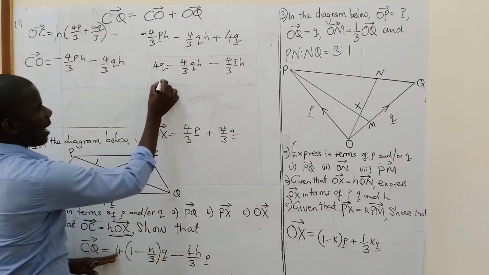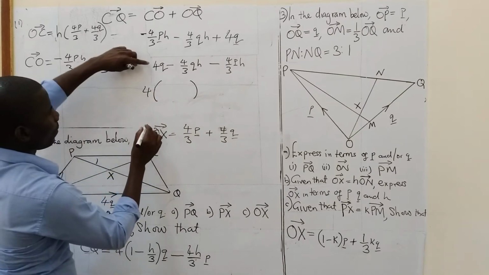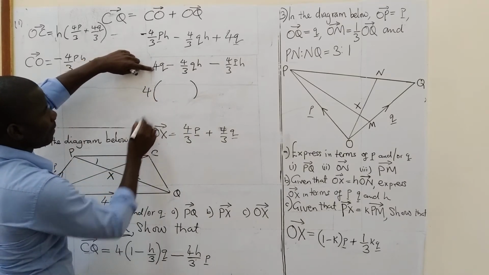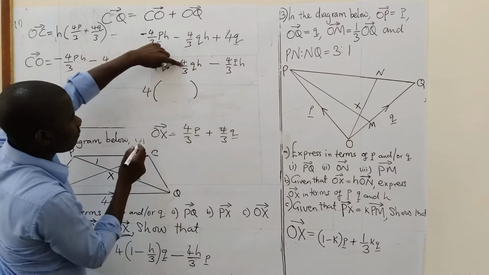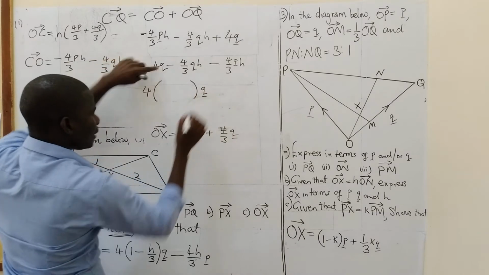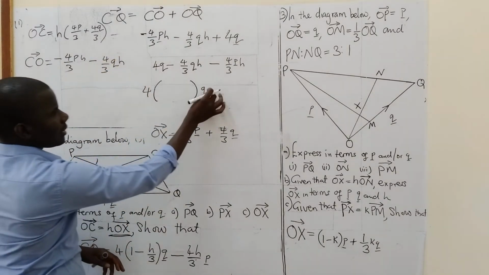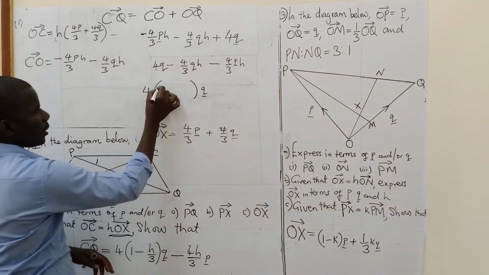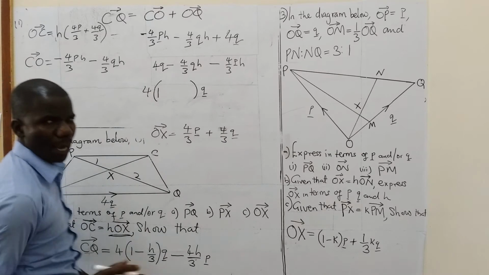When you factorize 4, this 4 is no longer going to be here, as well as this 4. Then this q has been brought this side. So this whole part here, there is nothing that has remained, so it is going to be represented by 1.